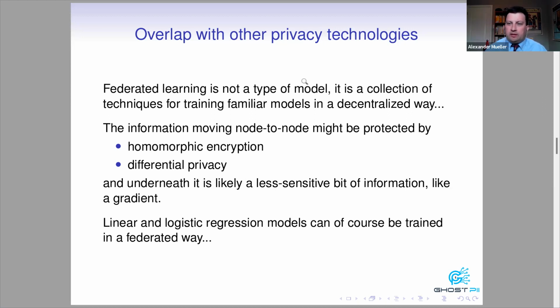But the idea is we're going to try to start with a minimally revealing object. I'll talk in a second about gradients as a good example. If that word is not immediate to you, I'll get into detail in a second. Start with a minimally sensitive piece of information, and then you're going to use maybe some extra techniques, depending on your goals, to protect it even more.